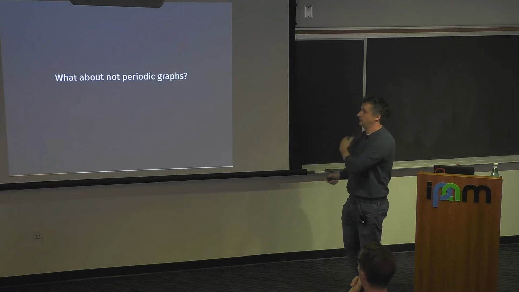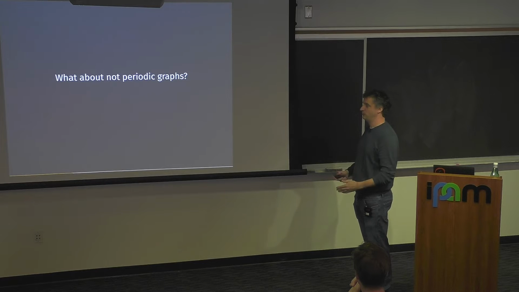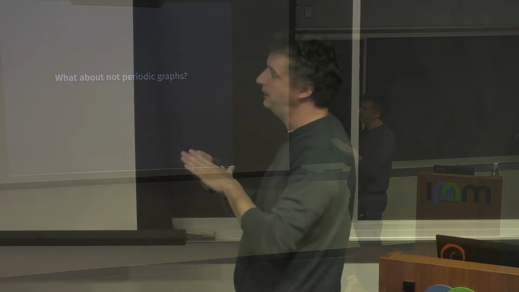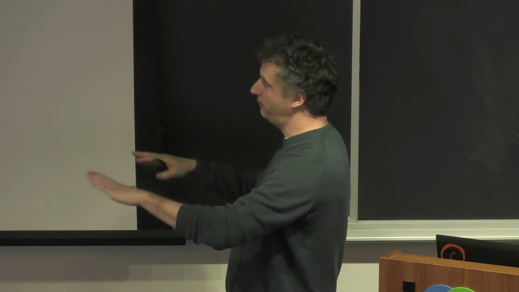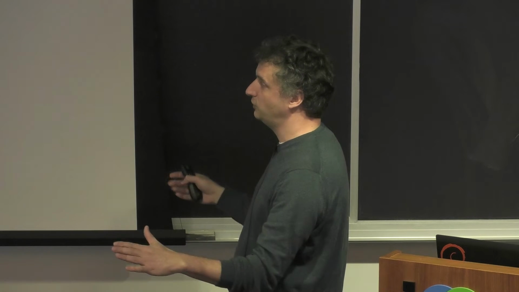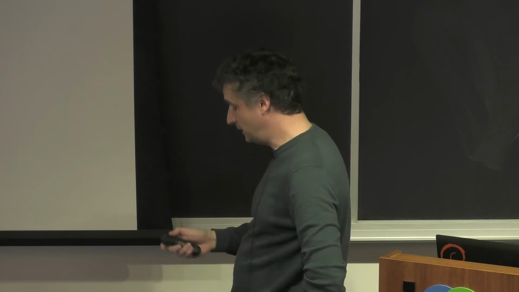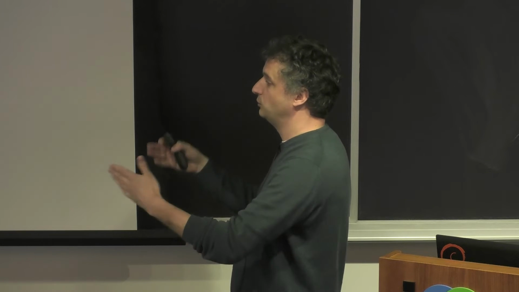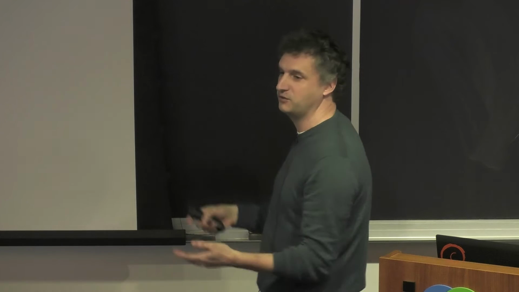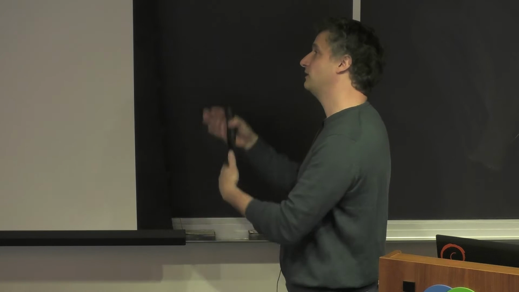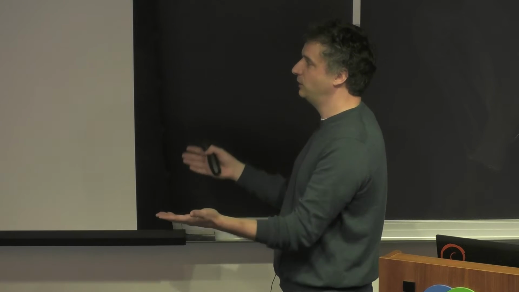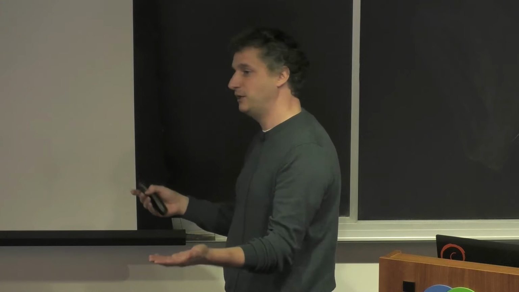So what can we do about non-periodic graphs? So I want now to consider a situation where my infinite graph is not necessarily periodic, and the question is, you can always define an infinite Kasteleyn operator, but is it possible to somehow write down a formula for the inverse of the Kasteleyn matrix?